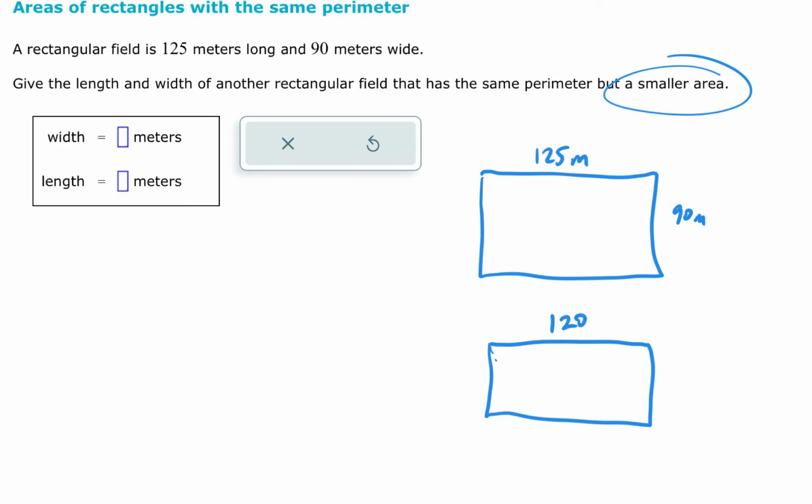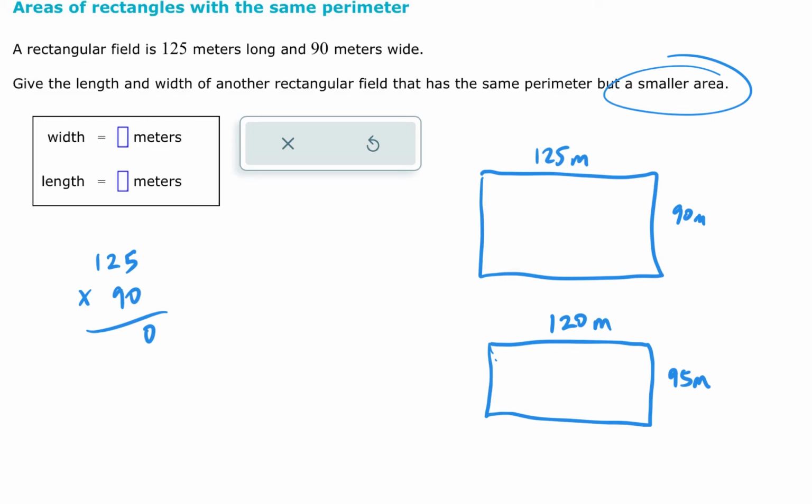If we drop this to 120 meters and then we raise the other one to 95 meters, will it have a larger area like we would expect? Because the last time when we dropped the length and we upped the width, we got a larger area. And I think that's going to work until you get to certain dimensions, in which case it'll eventually even out. But let's find out what that will do, since we already know an answer that will work.